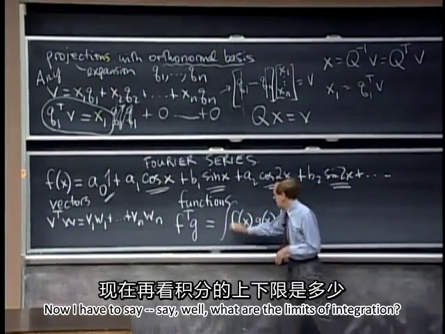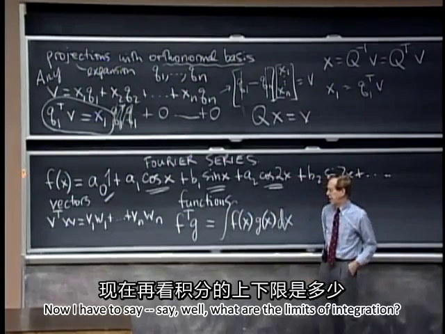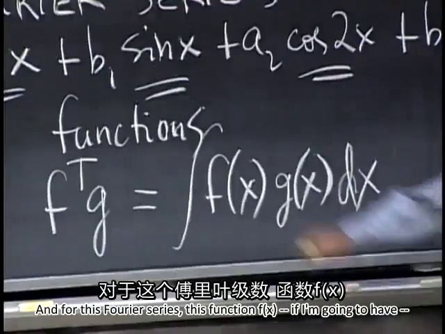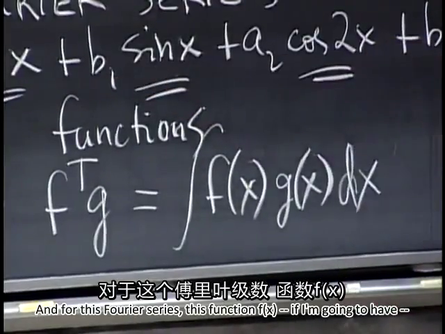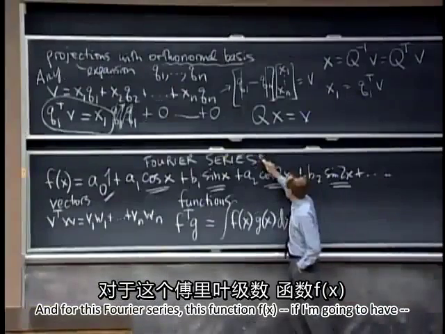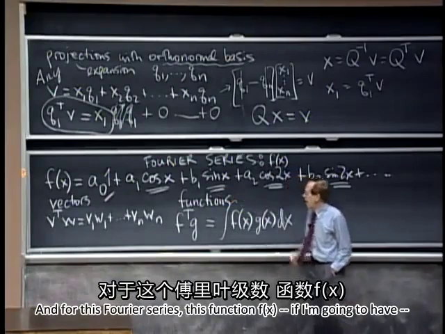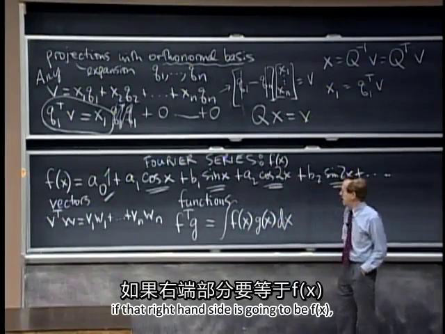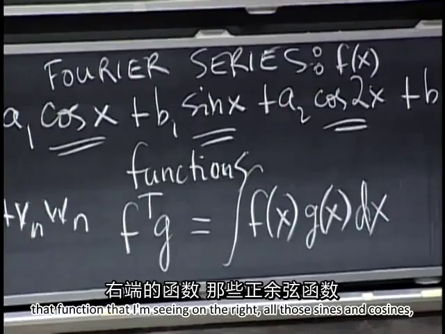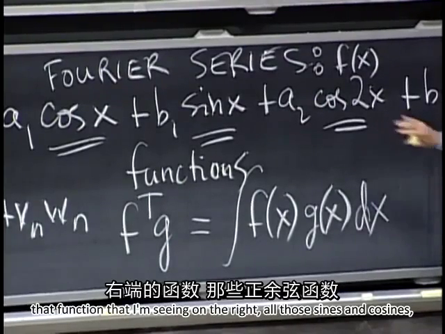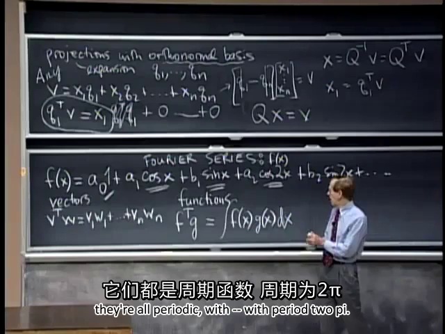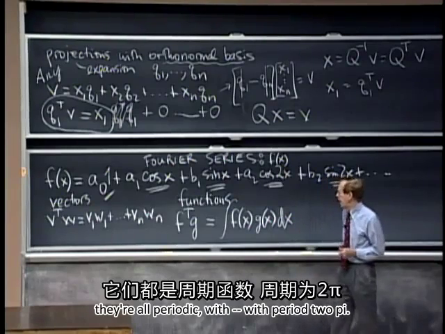Now I have to say, well, what are the limits of integration? And for this Fourier series, this function f of x, if that right-hand side is going to be f of x, that function that I'm seeing on the right, all those sines and cosines, they're all periodic with period 2 pi.